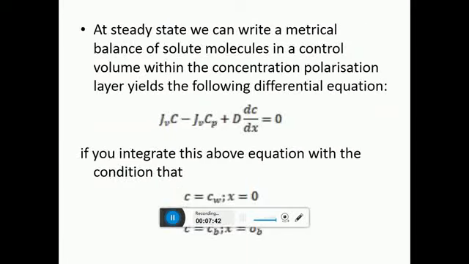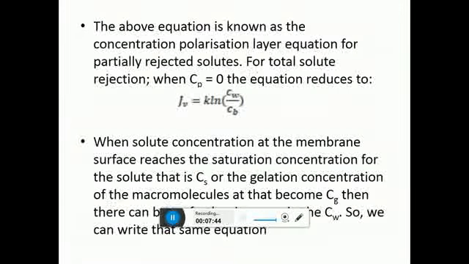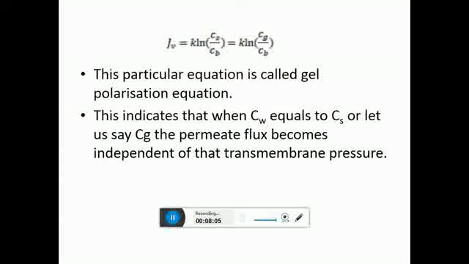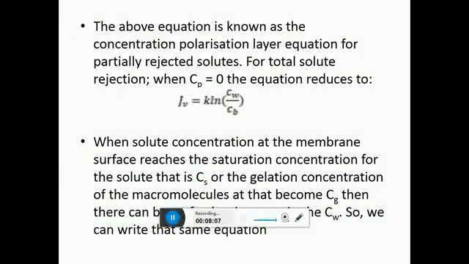That is the ultimate concentration, which we term as CS or sometimes CG, the gelation concentration. When the concentration reaches the maximum level, it forms a gel layer, and further it will not increase. So this is termed as CS or CG.